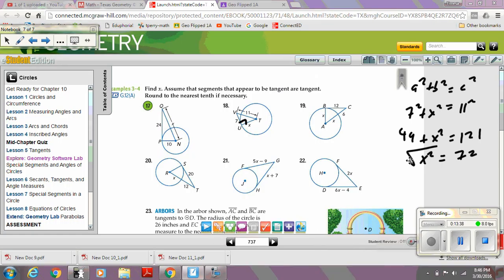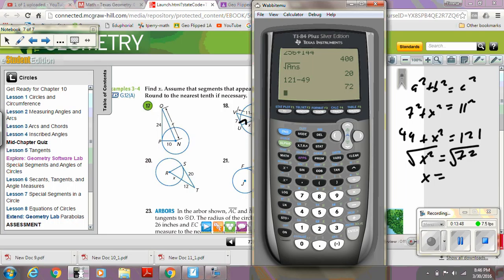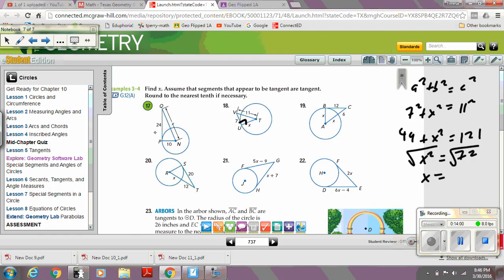And you must take the square root of both sides to get x by itself. And the square root of 72 is 8.5, since it wants us to round to the nearest tenth, so 8.5.